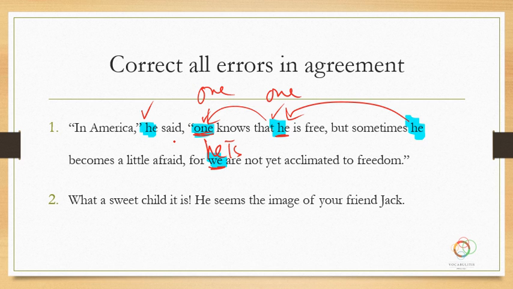And, oh, it looks like in your answer key, that's actually what they suggested. In America, he said, we know that we are free, but sometimes we become a little afraid, for we are not acclimated. Yes, and that definitely does sound much better because it sounds like a general statement about all people.